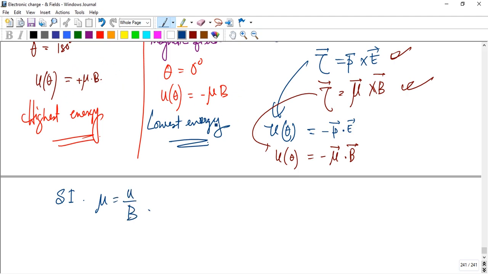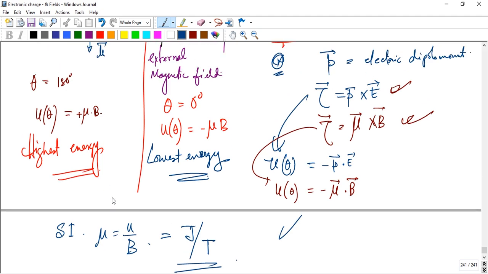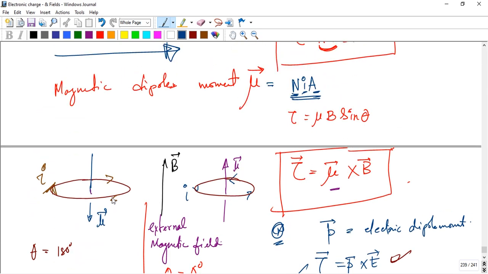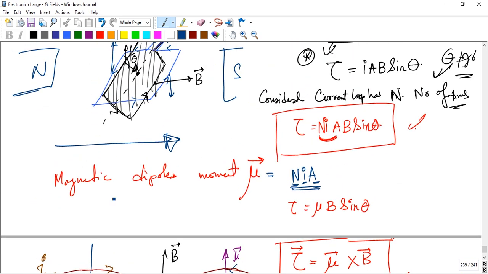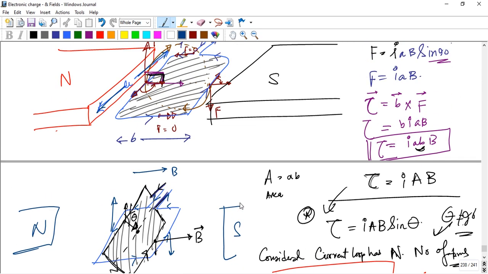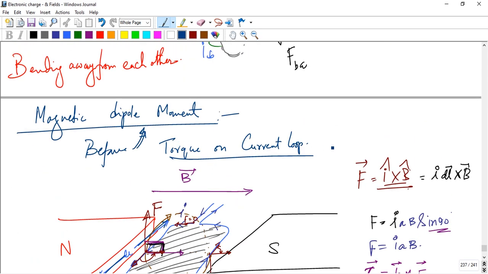U means joule and B means Tesla, so joule per Tesla. Joules per Tesla, that's the magnetic dipole moment. Clear? That is similar to the electric dipole moment. Clear? Now, how to find that magnetic dipole moment with the help of the torque on a current loop.